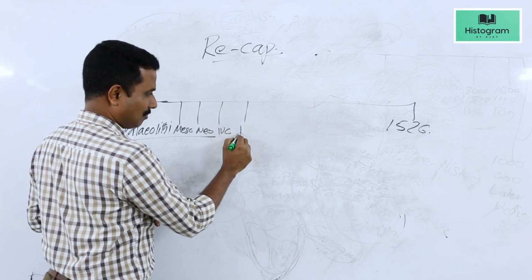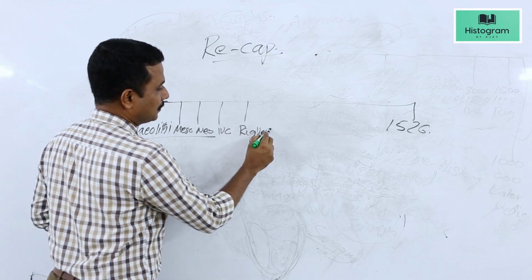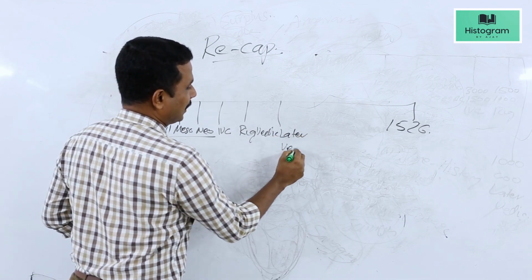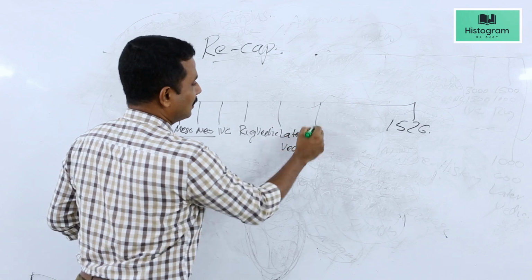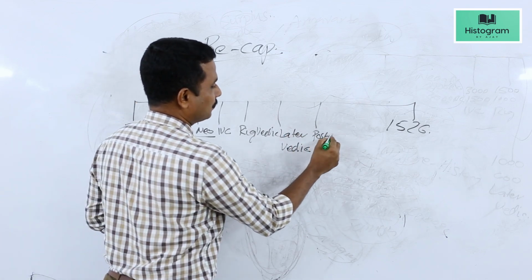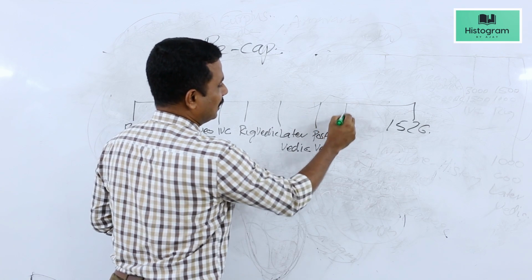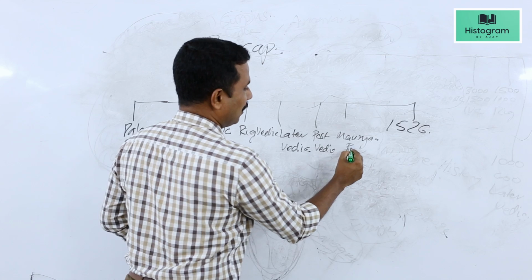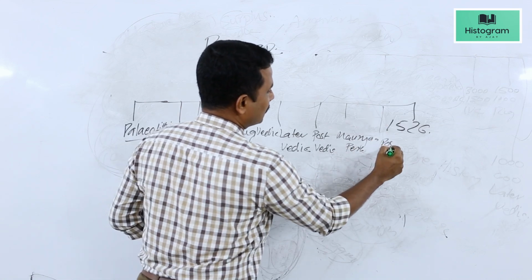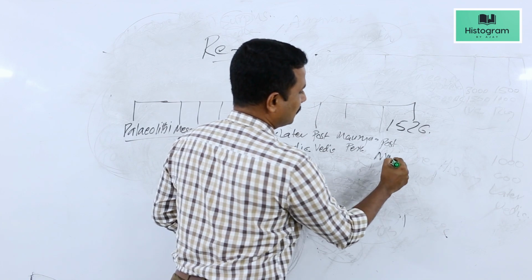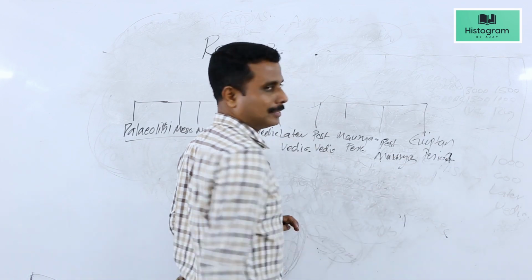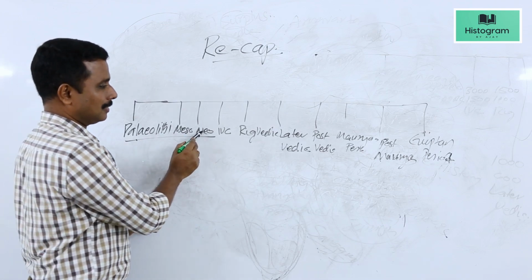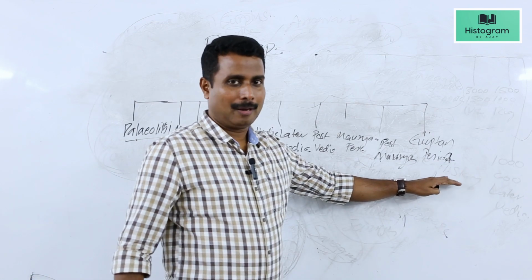Next was the Rig Vedic period, next the later Vedic period, and this was the post-Vedic period. Next was the Mauryan period, the post-Mauryan period, and next is the Gupta period. So this is the earliest stage, next stage, next stage. So we reach up to the Gupta period.